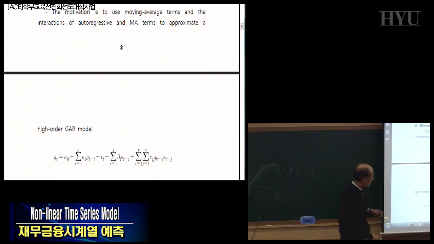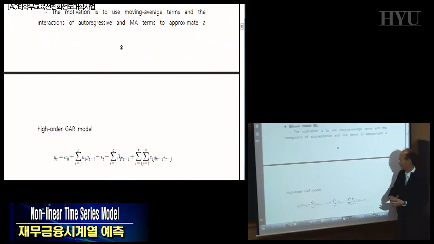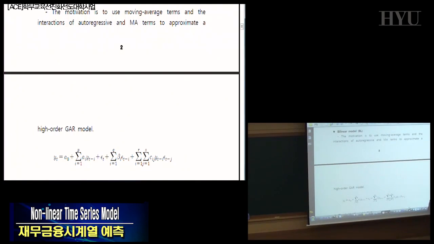Bilinear model. I think we have a typo here. It has to be epsilon t minus i, epsilon t minus j, cross product.